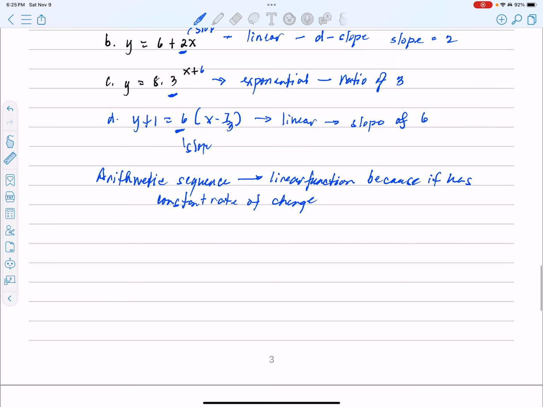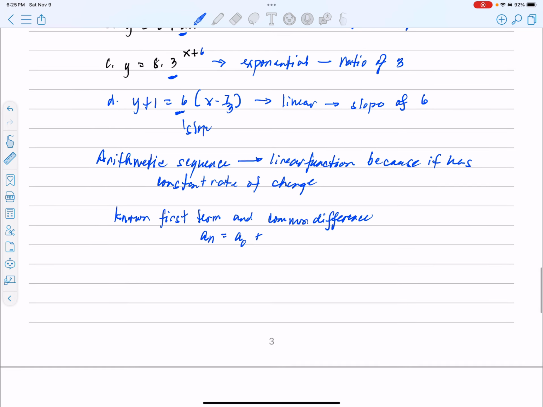I'm making a summary. If the first term and common difference are known, what can we use? We use a sub n equals a naught, or initial first term, plus d times n. That's the common difference.